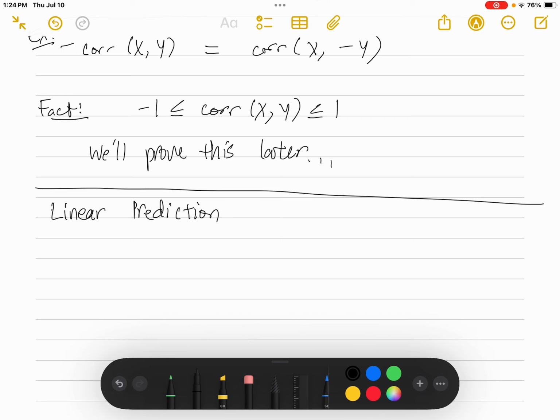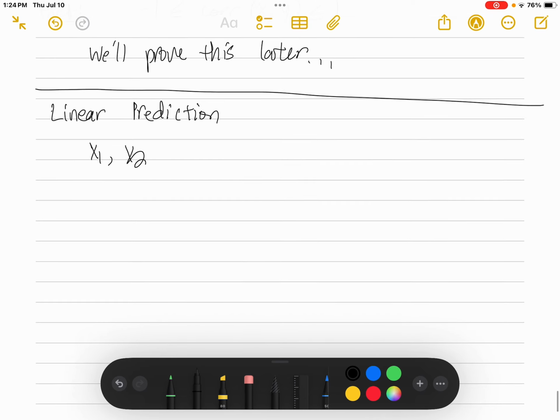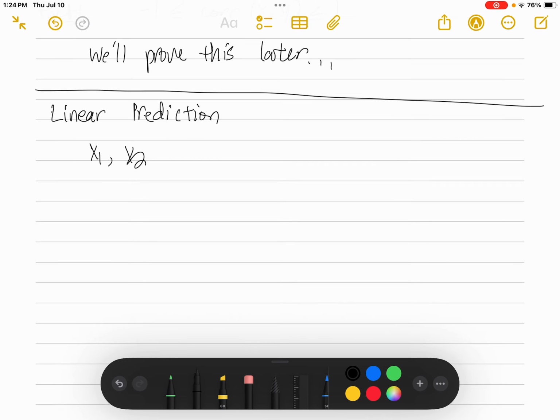So suppose that you have x1 and x2, which are, of course, random variables. Suppose you suspect that x2 is related to x1 in a linear way, and you want to find the best linear function of x1 to approximate x2.